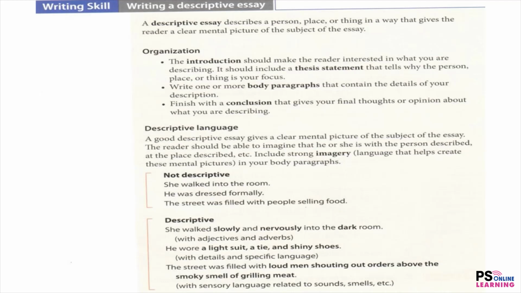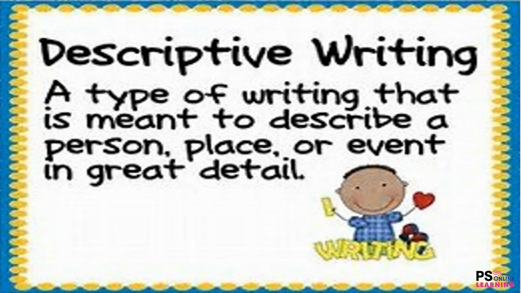Another meaning, this is pretty much saying what I just told you. It's a type of writing that is meant to describe a person, place, or event in great detail. Got that? Yes? No? Maybe? If you said maybe, it's okay.